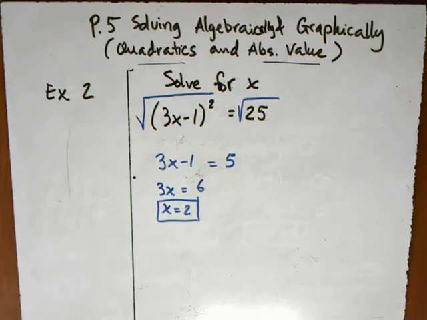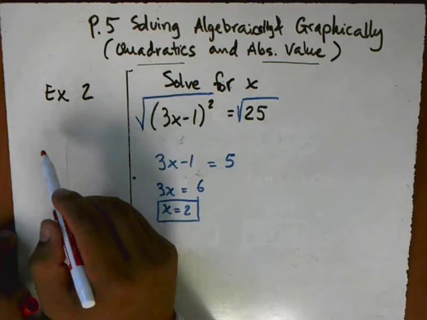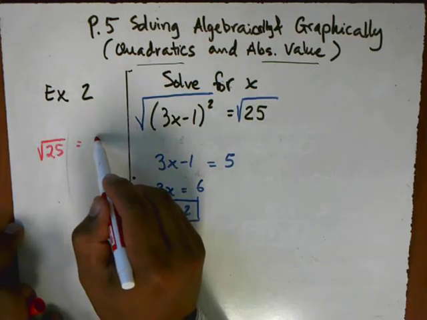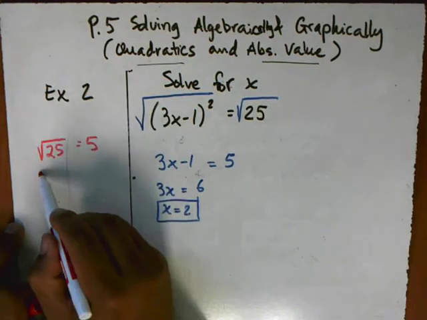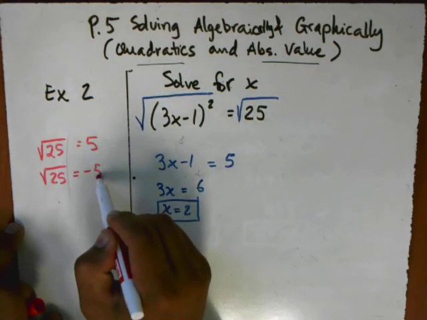This seems pretty straightforward, but we actually missed a step. One of the things that we forgot is that the square root of 25 actually has two solutions. The square root of 25 is equal to positive 5, and it is also equal to negative 5.